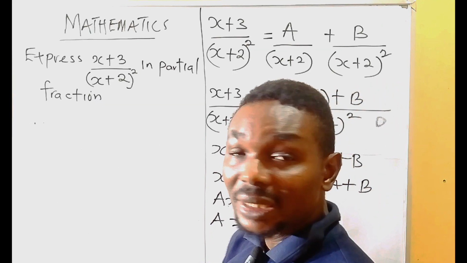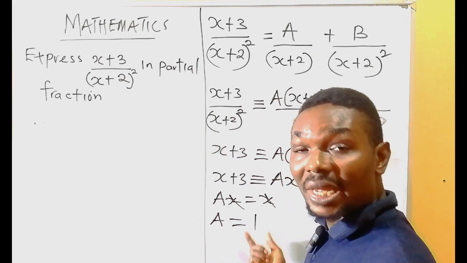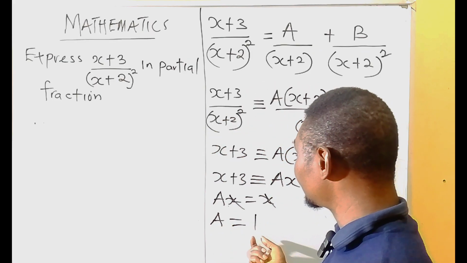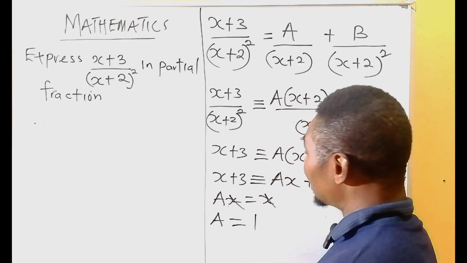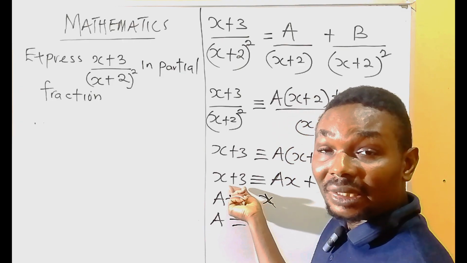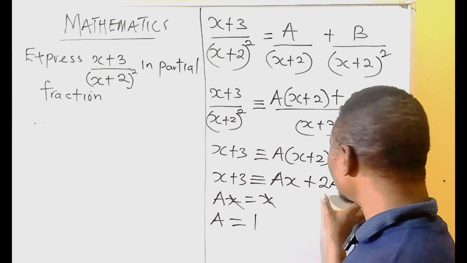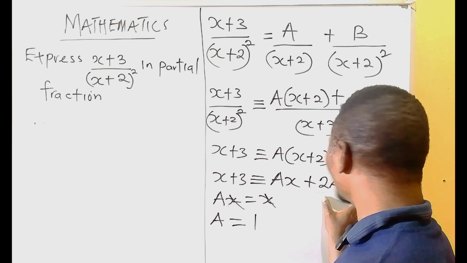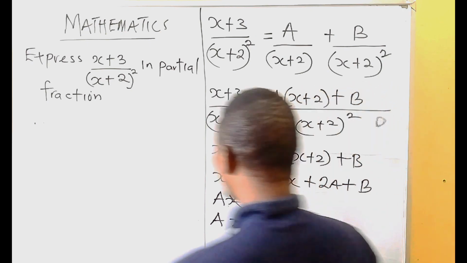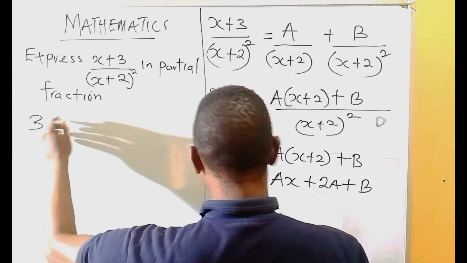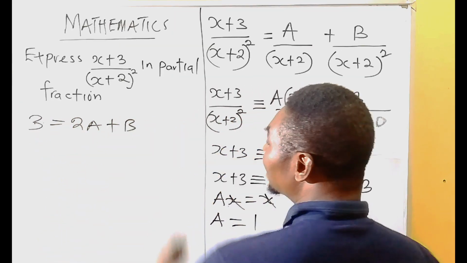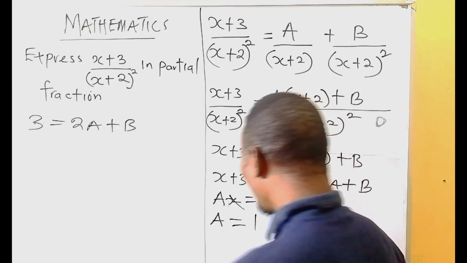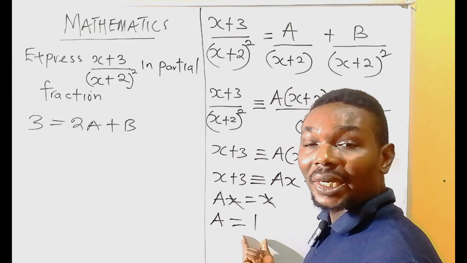Now, having gotten the value of A as 1, you now equate the constants. The constant at the left-hand side is 3, and the constant at the right-hand side will be 2A plus B. So we equate them. So we have 3 is equal to 2A plus B. But A is equal to 1.